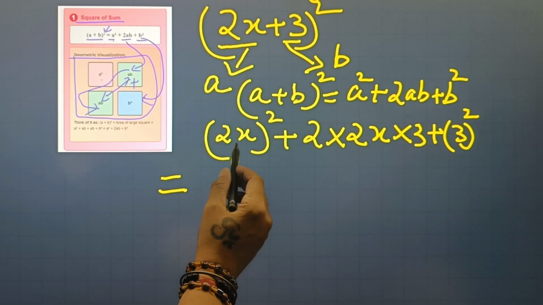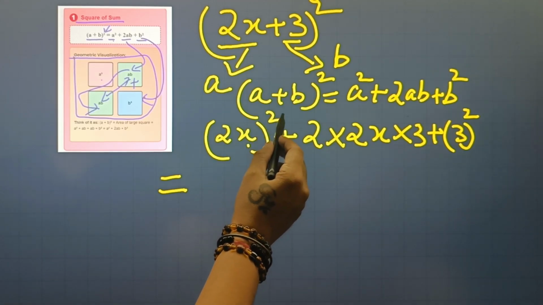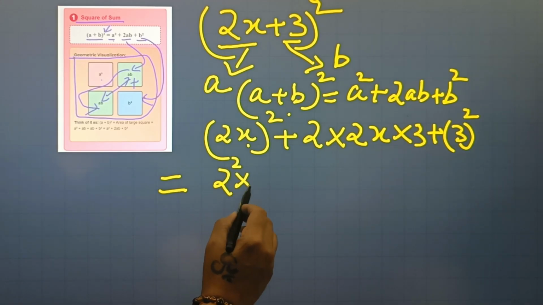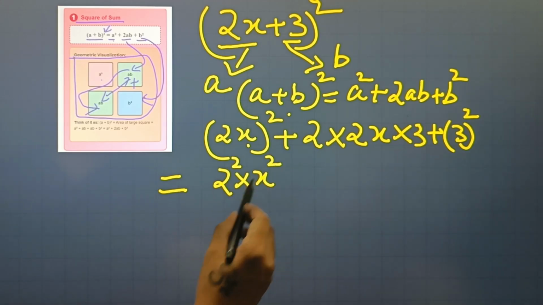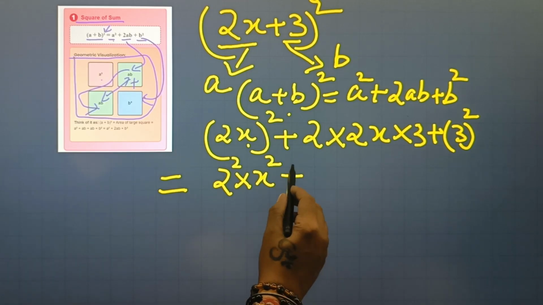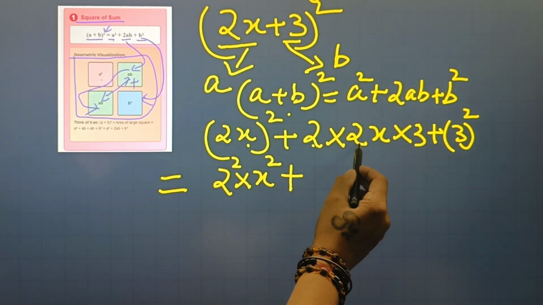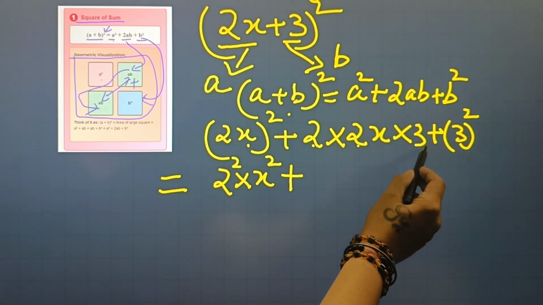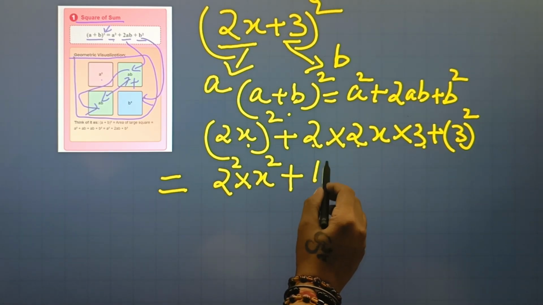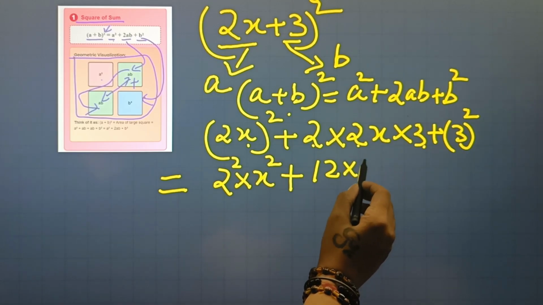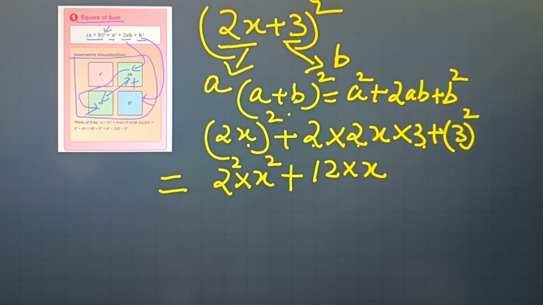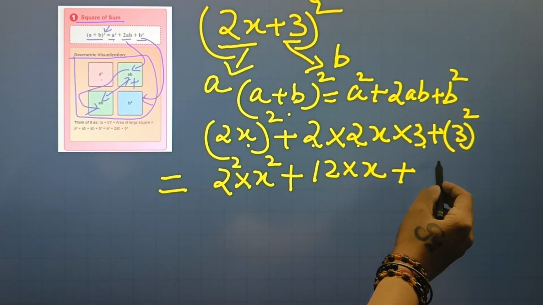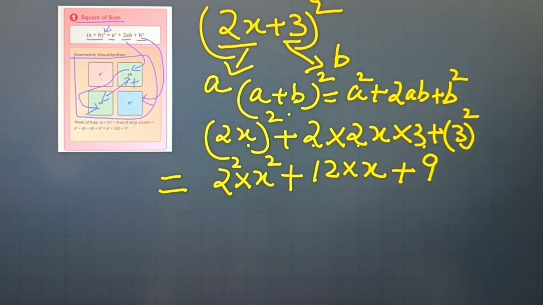So (2x)² equals 2² into x², plus 2 into 2, that is 4, then into 3, that is 12, so 12 into x, plus 3 raised to the power 2, which is 3 threes are 9.